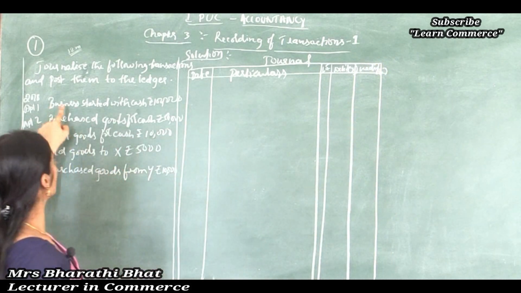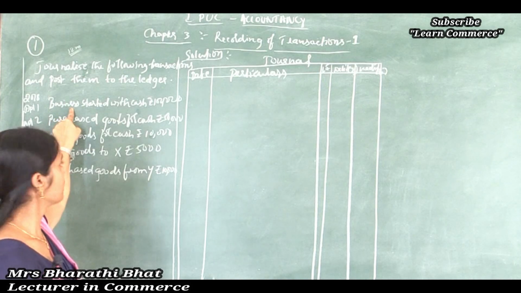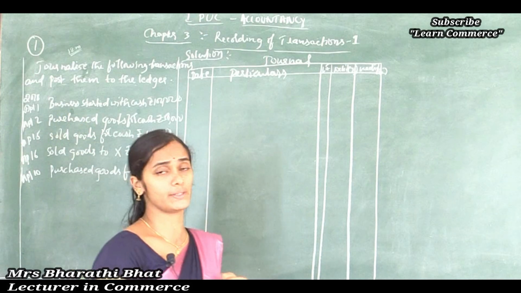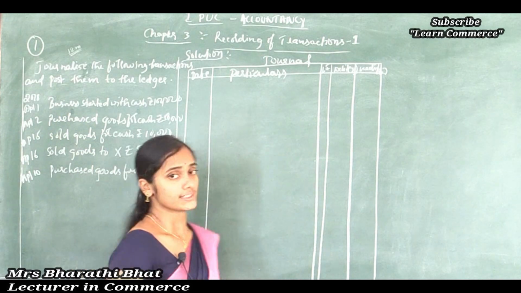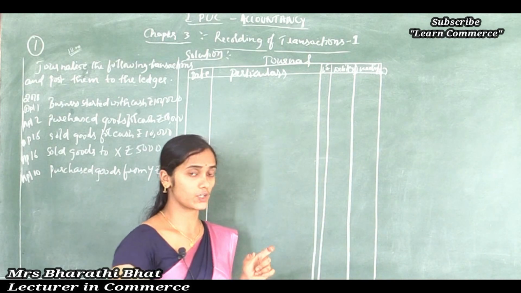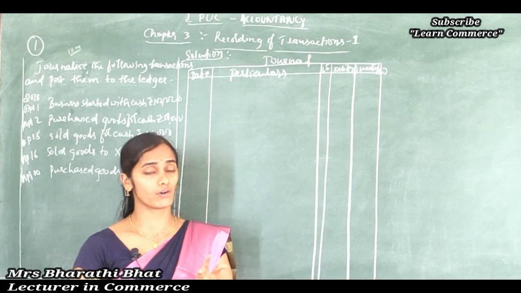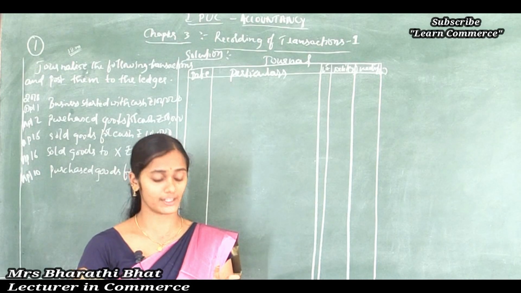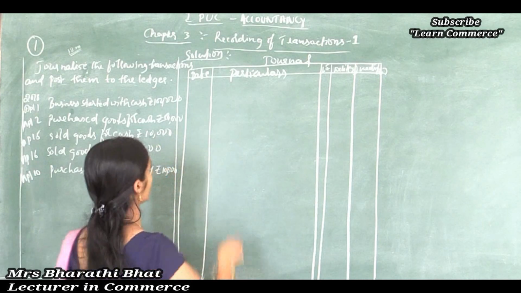And next, analyze the first transaction. Business started with the cash, two accounts: cash account debited to capital account. When we write the narration, it is better to use the word being.